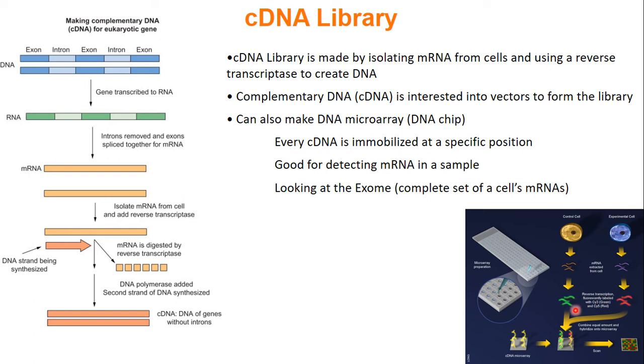You can dye these different colors: your control cell can be green, and your cancer cell can be red, and your readout looks like this. If you get yellow, nothing bound. If you got green, your control bound. If you got red, then your cancer cell is producing more. You can also look at what's called the exome, which is what mRNA is in this cell at a given time point.